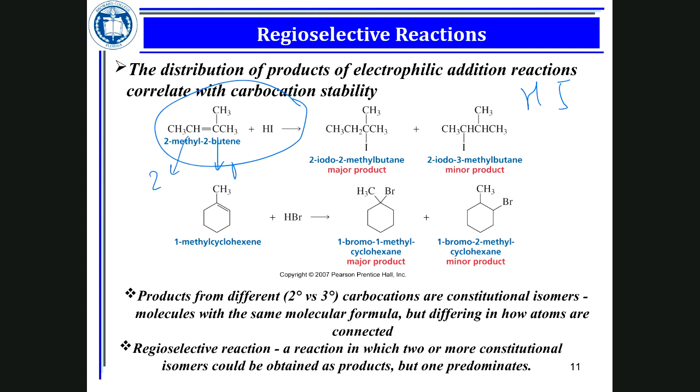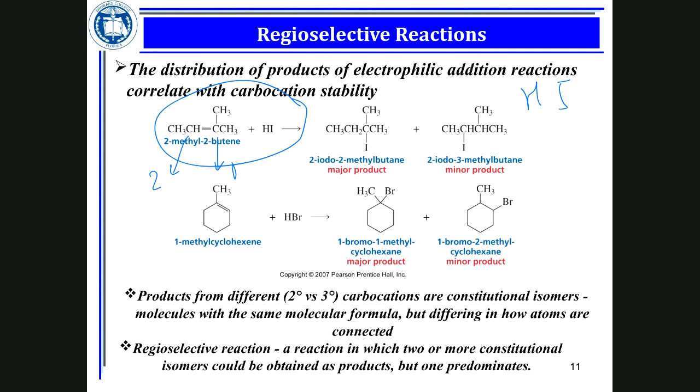Okay, H will come in first. And would H attack carbon 1 or carbon 2? Carbon 2, so count the number of hydrogens. Carbon 2 has 2 hydrogens, carbon 1 has 1 hydrogen.